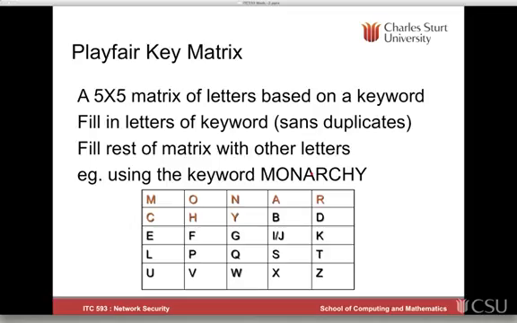This example comes from Dorothy Sayers' book, Have His Carcase. And you can see the keyword MONARCHY, then B, D, E, F, G, I/J, K, L, M, etc.